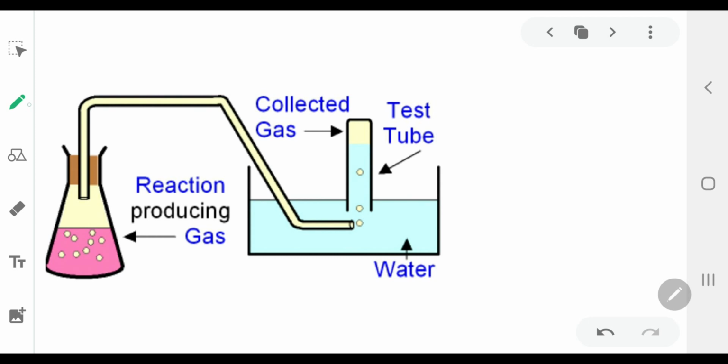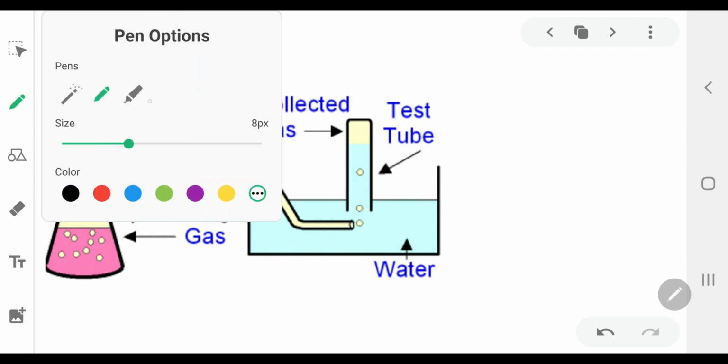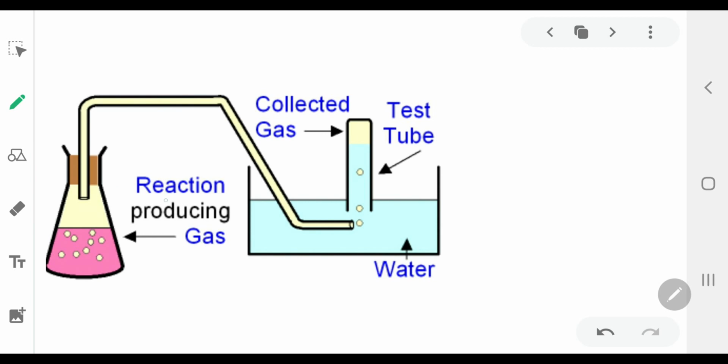Okay, so what you see over here, in this experiment we have the part where the reactions are going to happen. The reactions happening in here will produce gases.